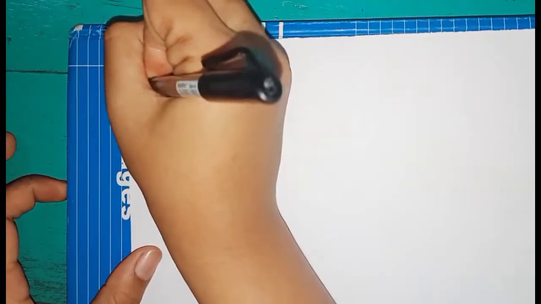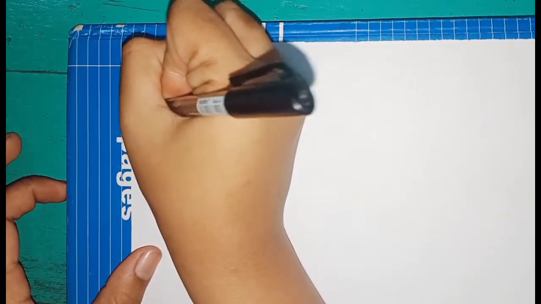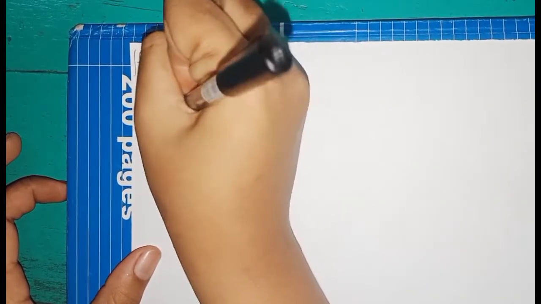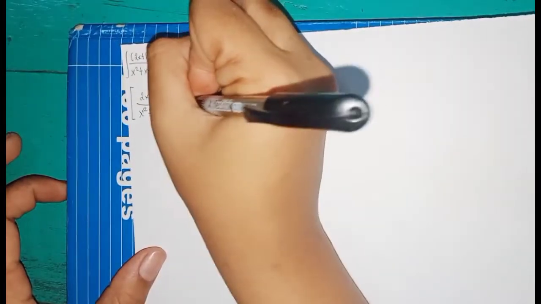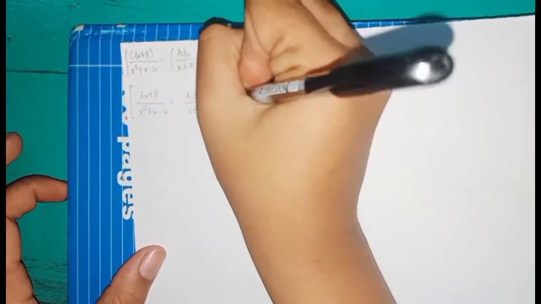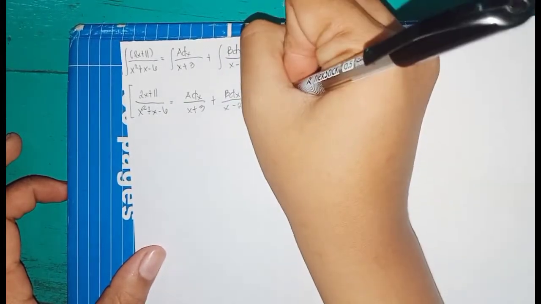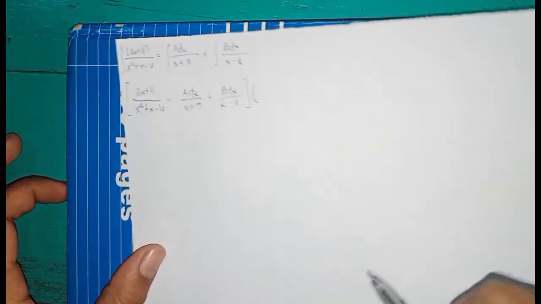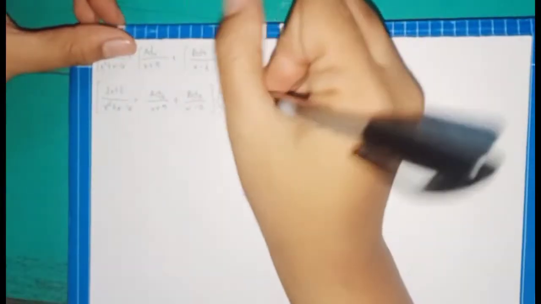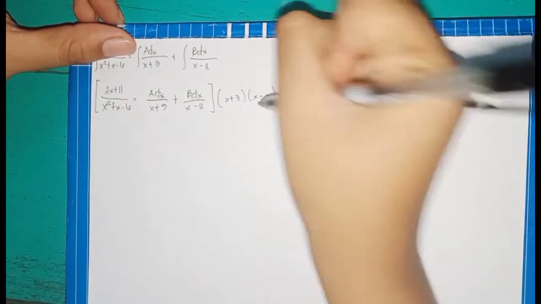So 2x plus 11 all over x squared plus x minus 6 is equal to A dx all over x plus 3 plus B dx all over x minus 2. Okay, so we put these two factors outside so that we will have something to cancel: x plus 3 times x minus 2.